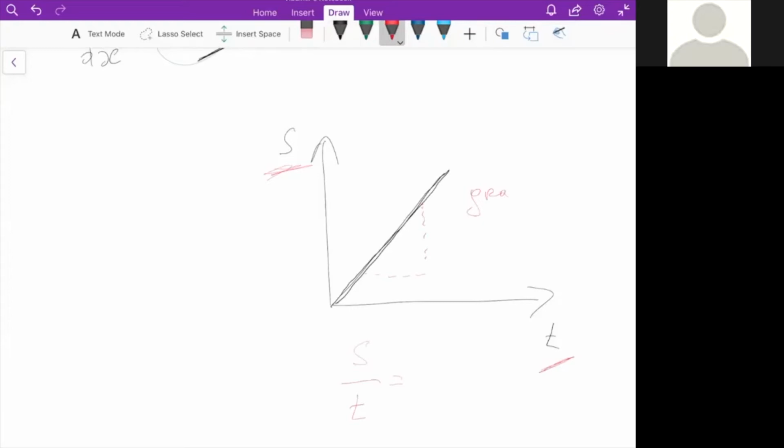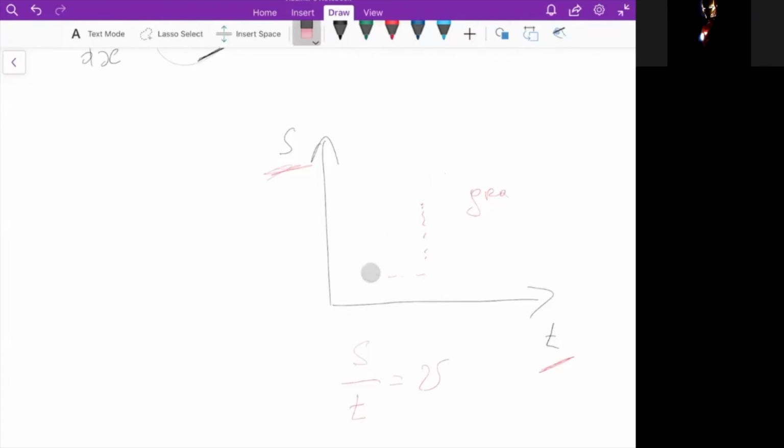What does it actually mean in the real world, if you divide distance by time? The speed. So theoretically, if you find the gradient of this line, that would give you the speed of a body, how fast it is moving. We know how to do a straight line, that's GCSE stuff.